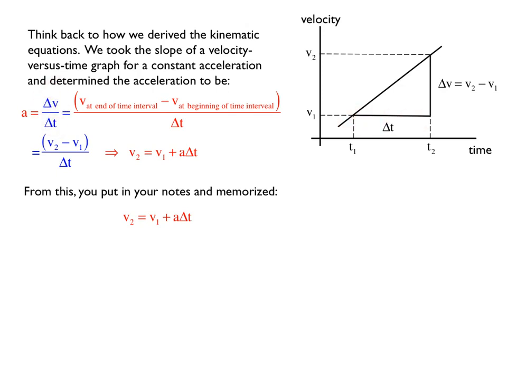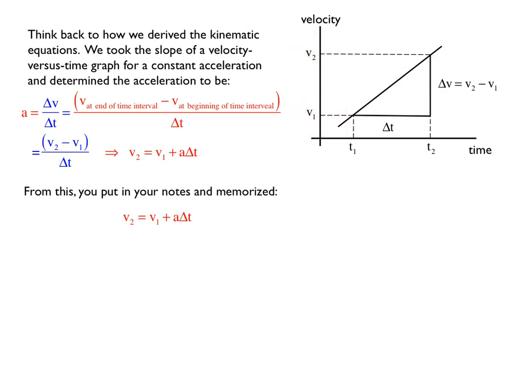And delta v over delta t is really saying the velocity at the end of the time interval. Here's the time interval. Here's the velocity at the end of the time interval. And you subtract that from the velocity at the beginning of the time interval, and that's how we figured out what delta v was.